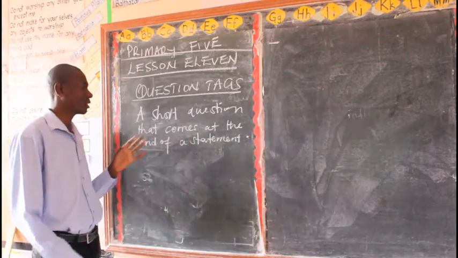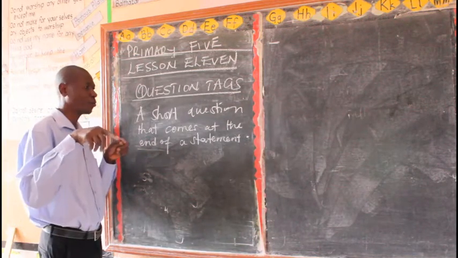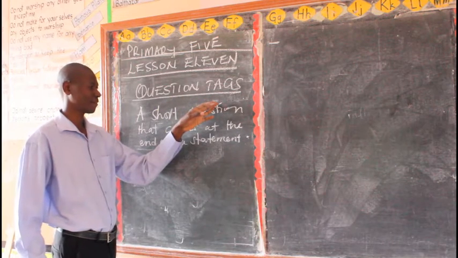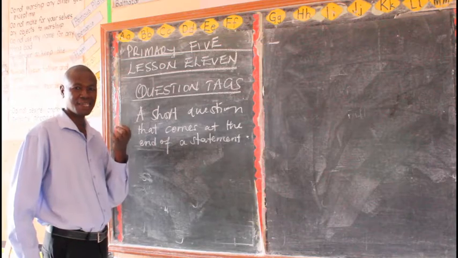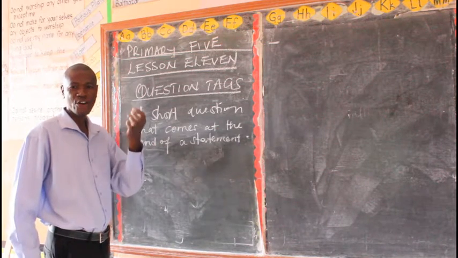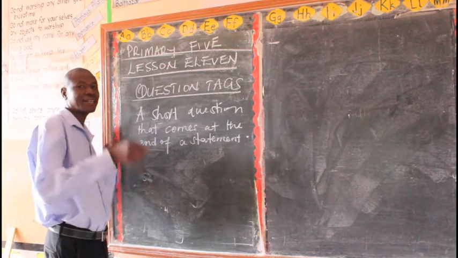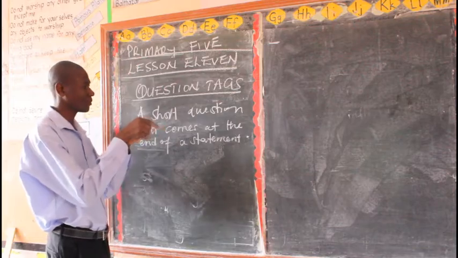So that means that we shall be having statements, and those statements will be ending with what we call question tags. Now, in question tags, we expect either the answer yes or no. Then at the end, you either answer yes or no.